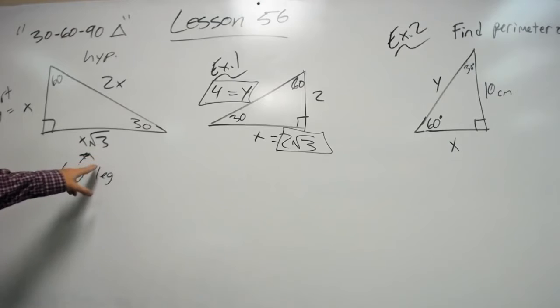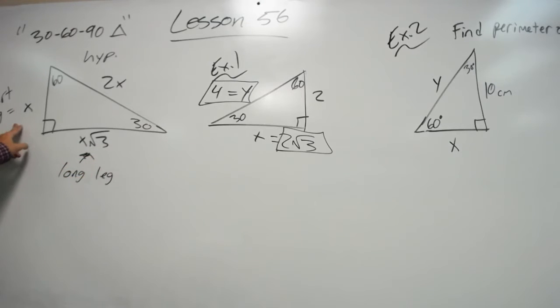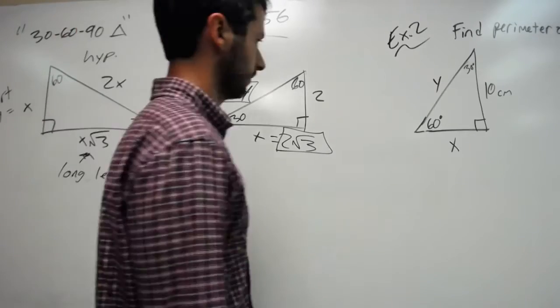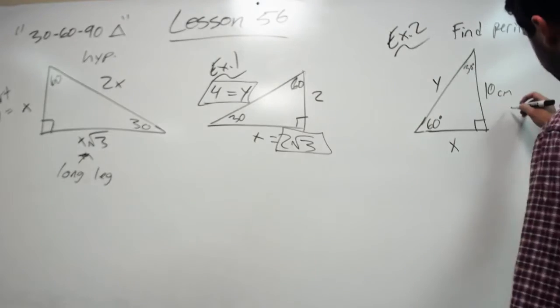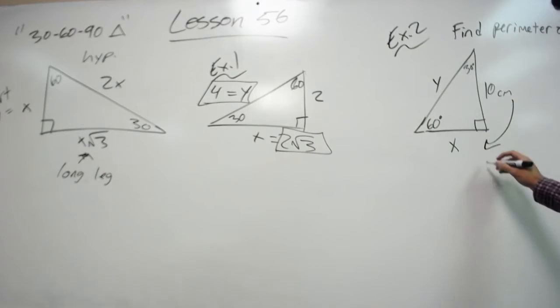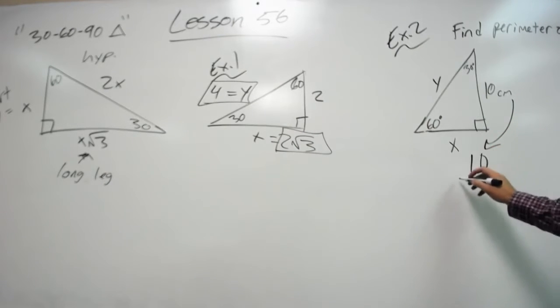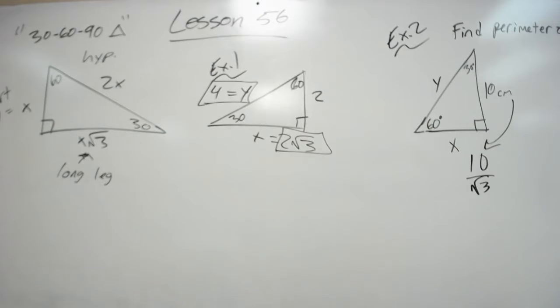If we're going from short leg to long leg, we multiply by radical 3. But if we want to go from long leg to short leg, we do the opposite and divide by radical 3. So we do 10 divided by radical 3.